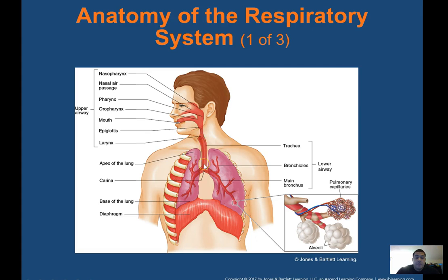So your trachea goes down and breaks off into two, right and left bronchi. Okay, and when it breaks off, the carina is the anatomical term for it.